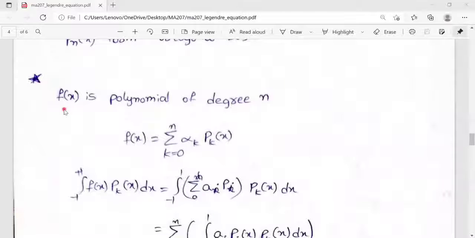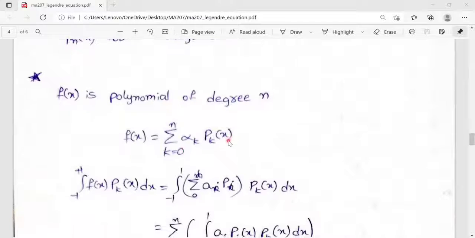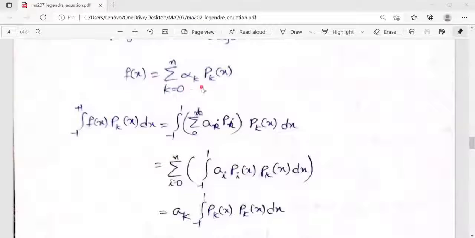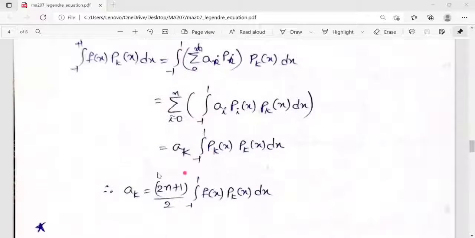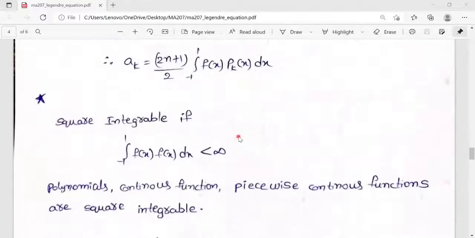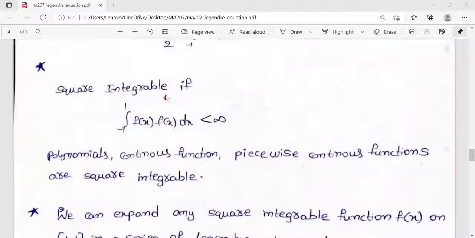Any polynomial f of x can be defined as a linear combination of Legendre polynomials, and we can find the coefficients by using this formula. The derivation is here. The definition of square integrable is: if the integral from -1 to 1 is finite, then it is called square integrable.